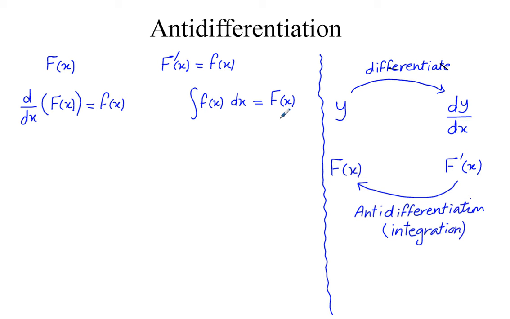Let's look at it in other examples. If the derivative with respect to x of x squared equals, what's the derivative of x squared? It's 2x. Then the antiderivative of 2x with respect to x gets me back to the original function, which is x squared.